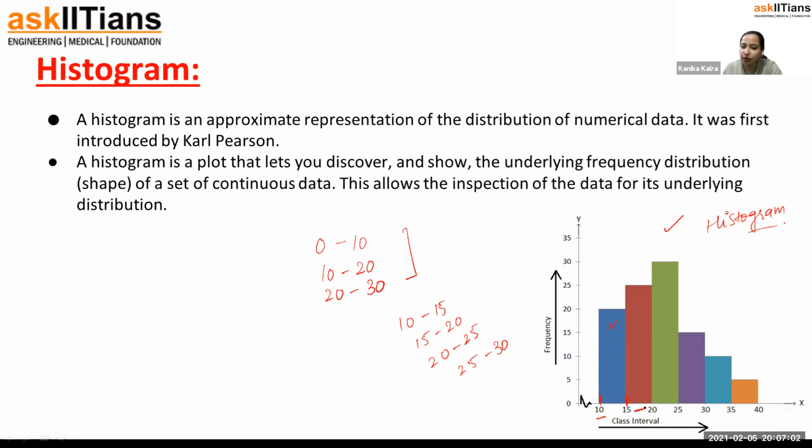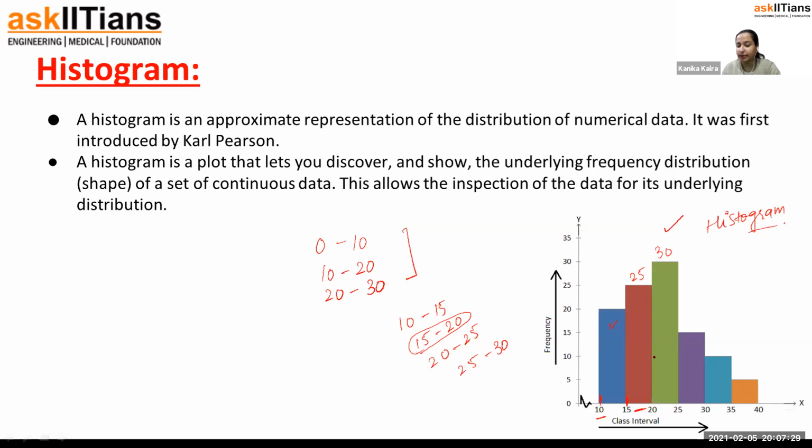Then comes 15 to 20. So all the frequencies which lie between this interval 15 to 20, which is approximately 25 according to this graph. So this bar constitutes all the 25 frequencies which lie between the class interval 15 to 20. Similarly, if we talk about 20 to 25, the value in this case is 30.